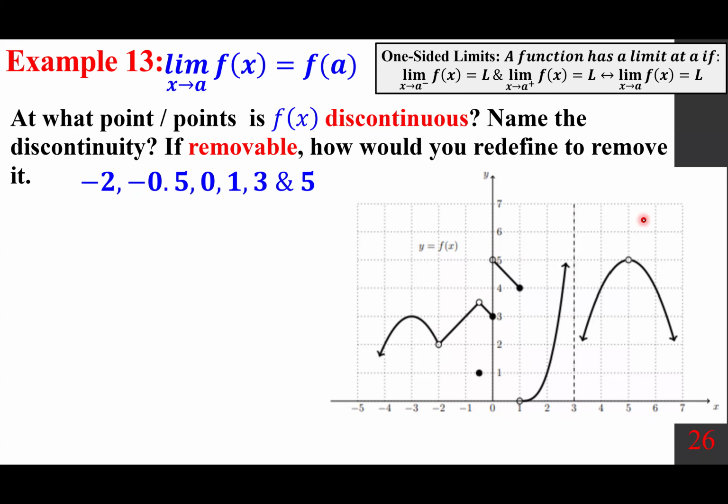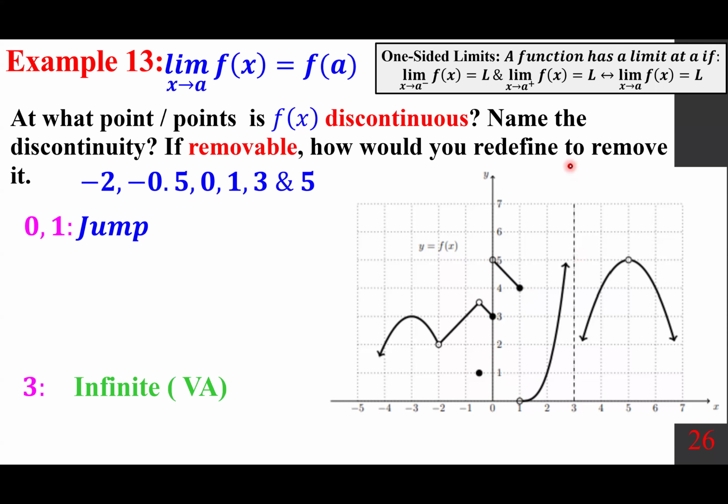But what type are they? Well, first let's look at the bad ones. Obviously, we have a jump at 0. If you look at 0, it jumps from here to here. If you look at 1, it jumps from here to here. So 0 and 1, they're both jumps. What about this one? This is not good either.